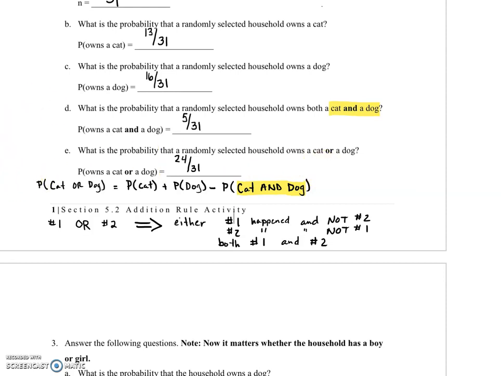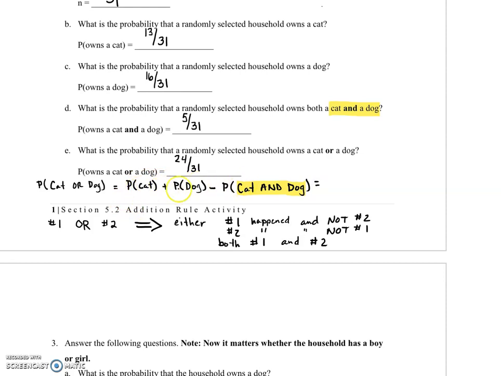Back to the problem. We are in the process of finding the probability of cat or dog using the formula. Remember, we already decided that it was 24 out of 31 by just counting. So let's make sure.